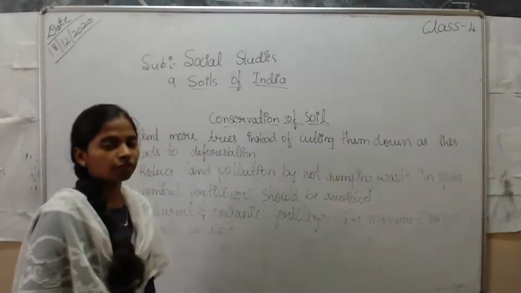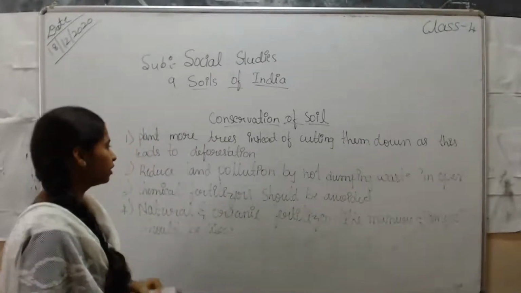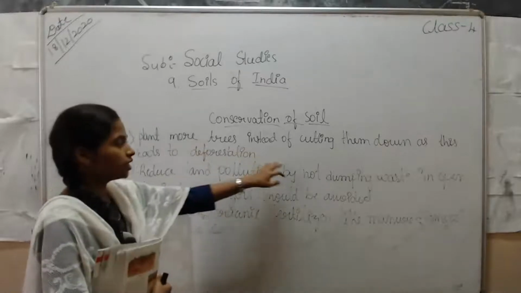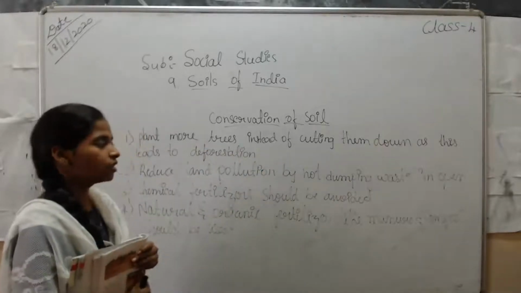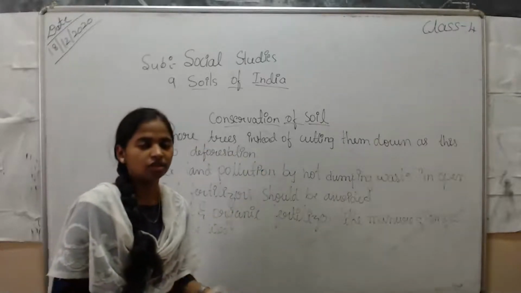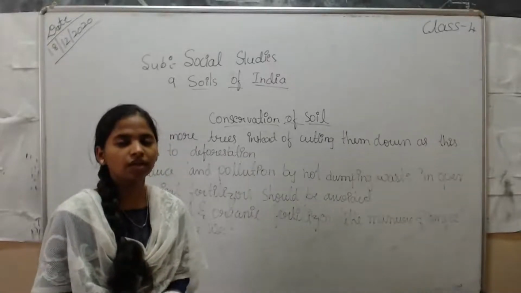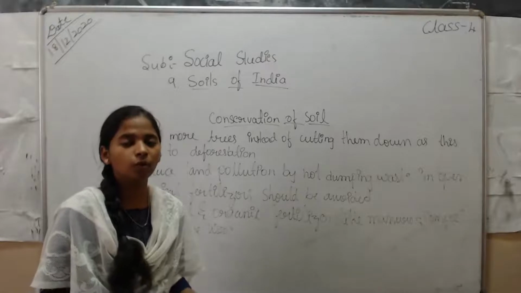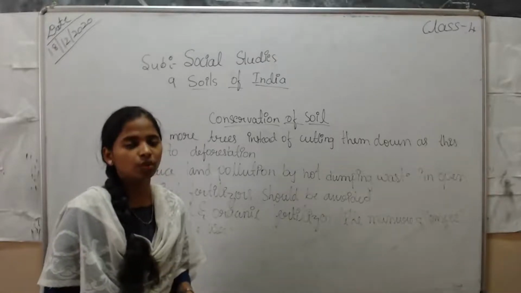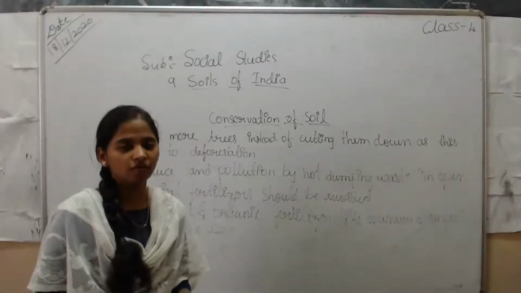The first way which we can conserve the soil is plant more trees instead of cutting down, because it leads to deforestation. What we should do? We should cut fewer trees and we should plant more trees. So when we plant more trees, what happens? It forms a forest.